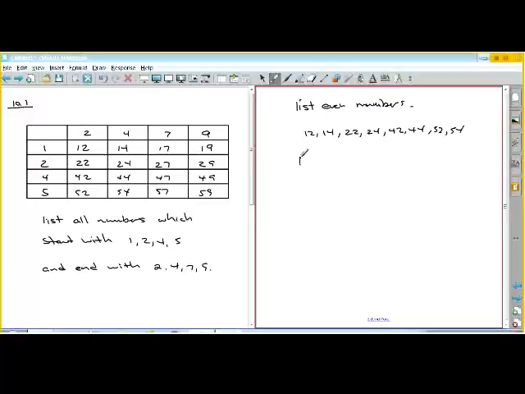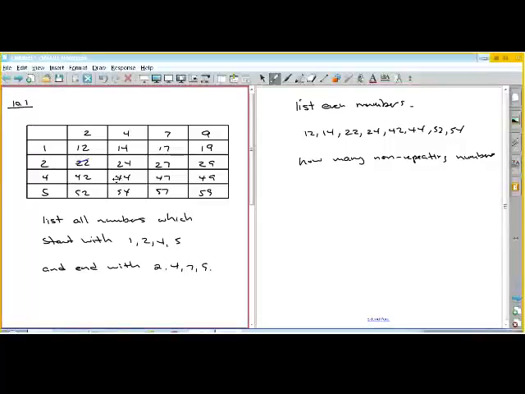I might say, how many non-repeating numbers are there? So then I would take this table and I say, okay, what do I have any ones that have repeating digits? And then I would say, okay, that one's got repeating, that one's got repeating, and I think that's it.